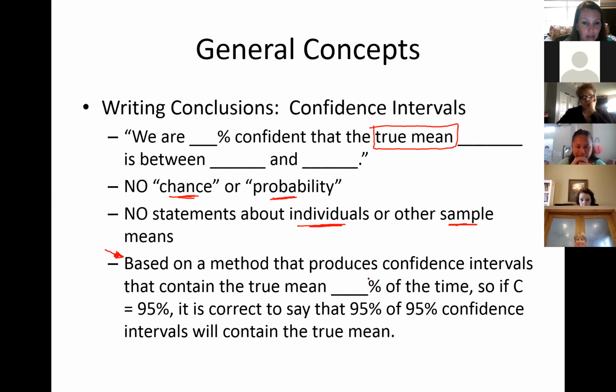Because this is based on a method that produces confidence intervals that contain the true mean C percent of the time, it is correct to say that 95% of all 95% confidence intervals will contain the true mean. This is just something that's generally true about confidence intervals and is not a specific conclusion about a particular data set.